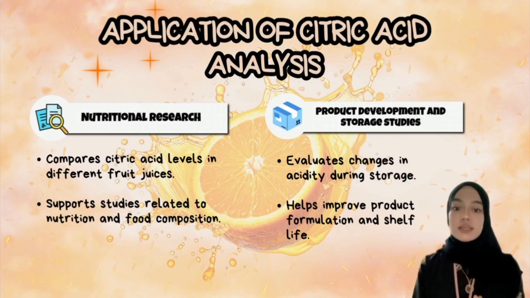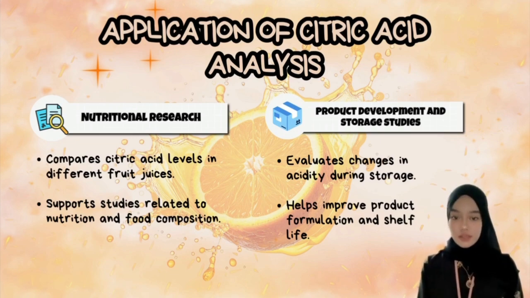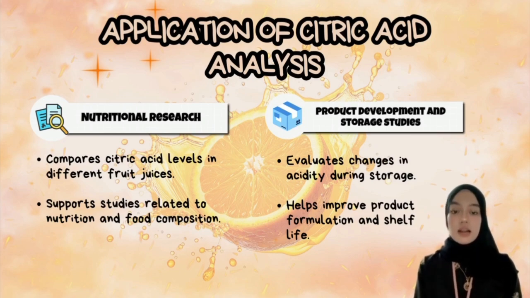It helps monitor changes in acidity during the storage and provide valuable information for improving product formulation, preservation method, and shelf life. Therefore, citric acid analysis plays an important role in ensuring the quality and safety of the food products.